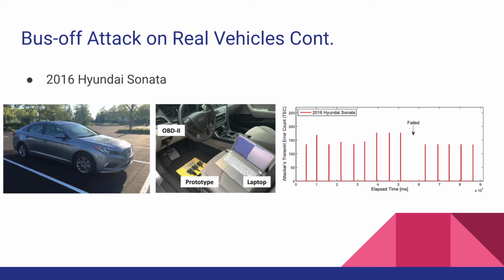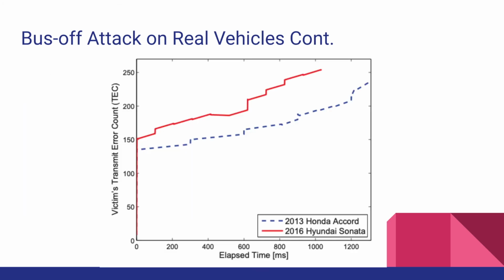However, it's important to point out that their attack was a lot more difficult and different than the prototype testing, especially because the CAN bus on a real vehicle was much more hectic and difficult to predict. As you can see here, the red line is a 2016 Hyundai Sonata, and the dotted blue line is a 2013 Honda Accord.